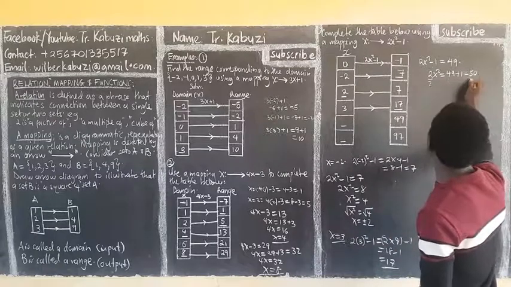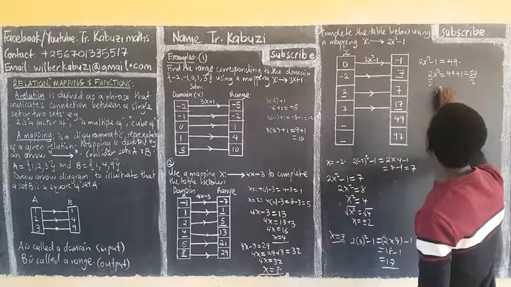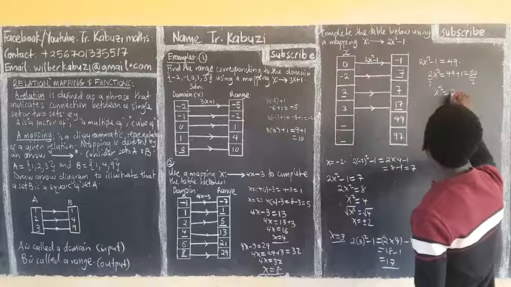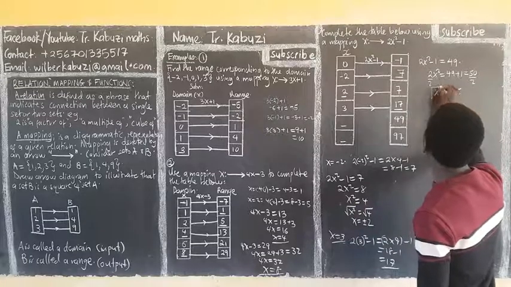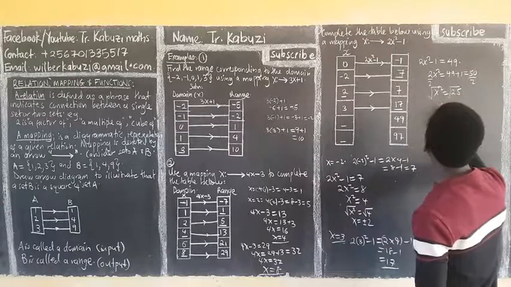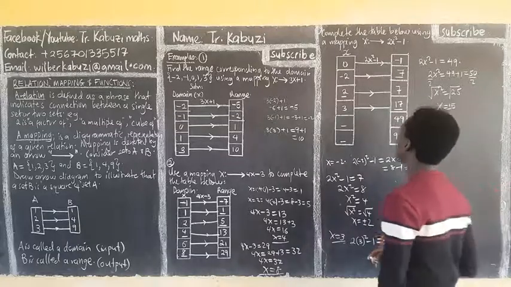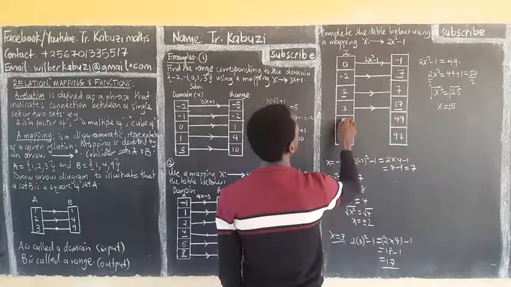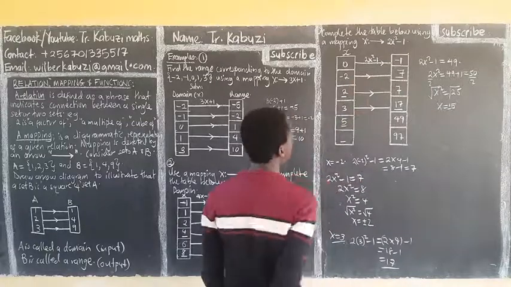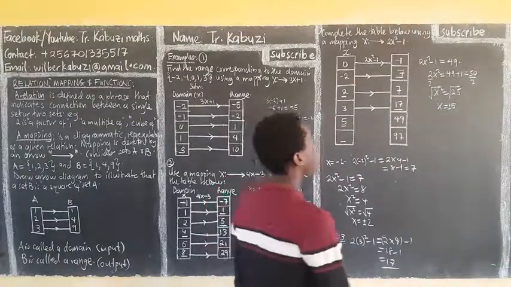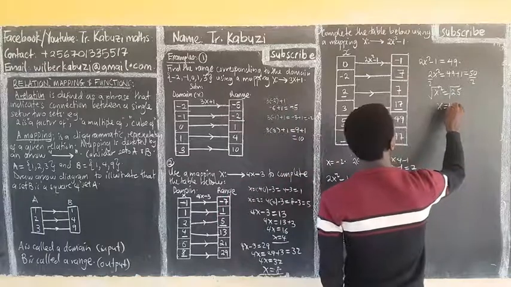So divide by 2, my x squared becomes 25. Get the square root of both sides. So x is going to be plus or minus 5. Then we take the positive because we said they are increasing.